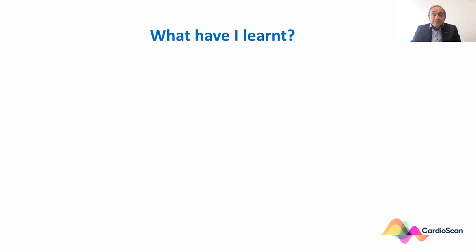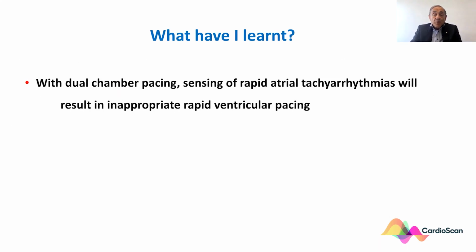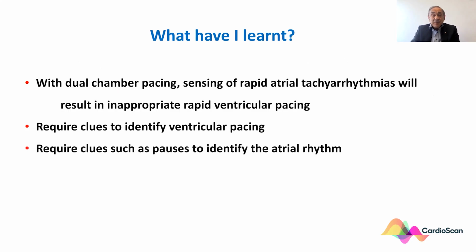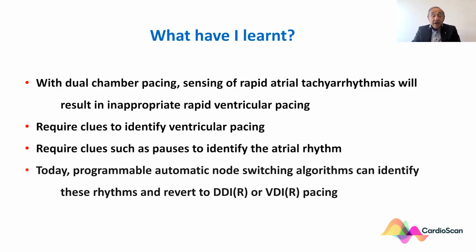So what have I learned? With dual chamber pacing, sensing of rapid atrial tachyarrhythmias will result in inappropriate rapid ventricular pacing. You require clues to identify ventricular pacing. You require clues such as pauses to identify the atrial rhythm.